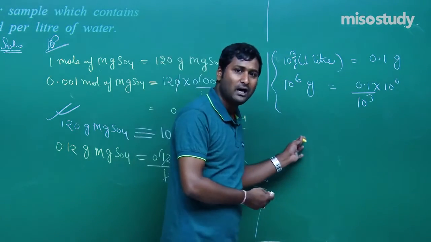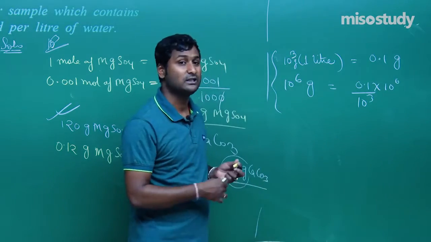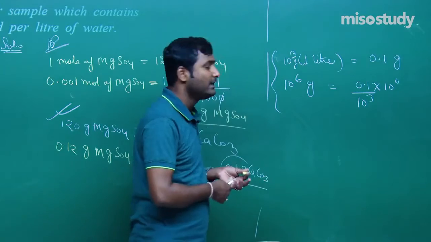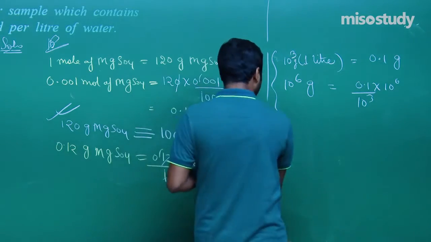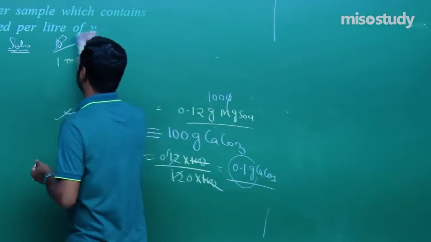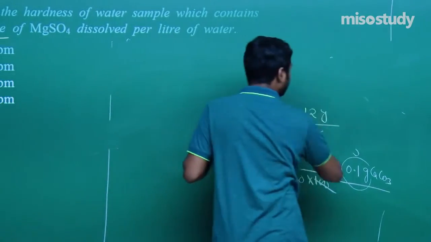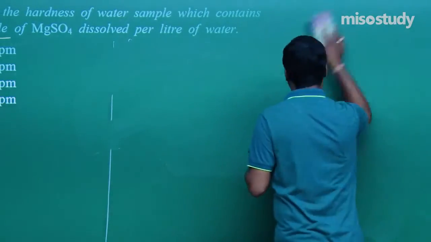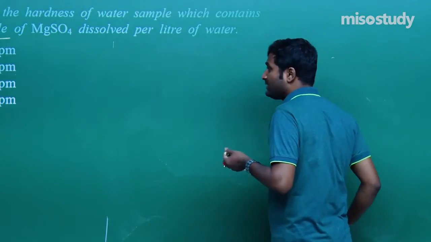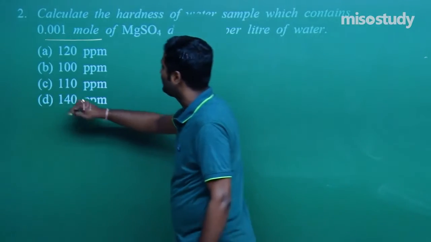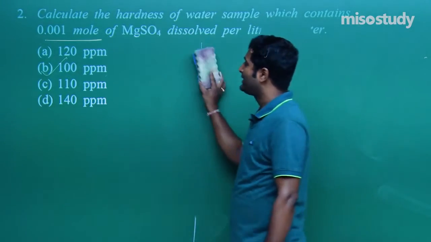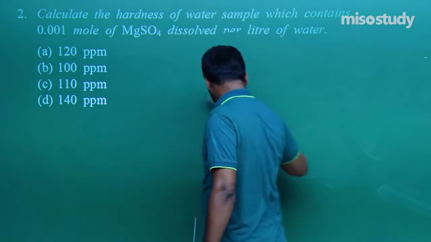If you write the formula in terms of ppm, that is the mass of the solute upon mass of the solution multiply 10 to the power 6. Clear? So the answer of this question, we can easily say, is 100 ppm. Clear? Now let's move to the next question.